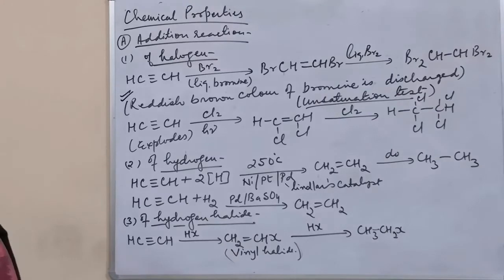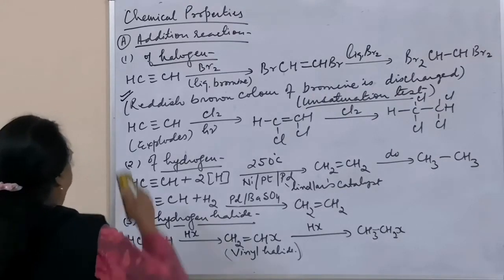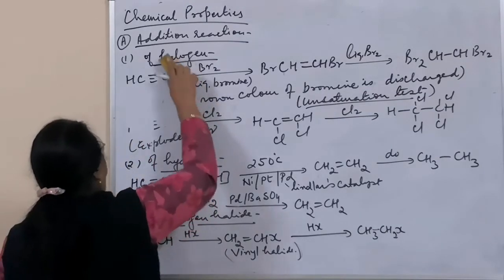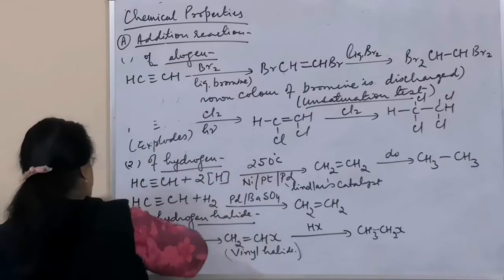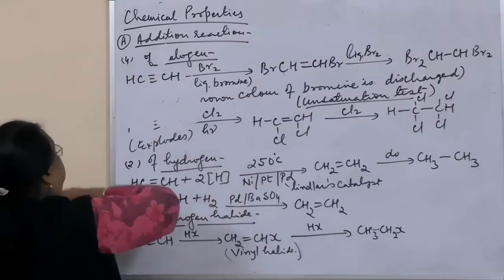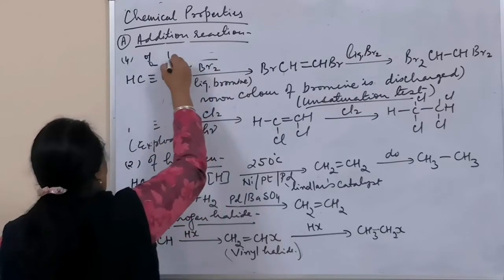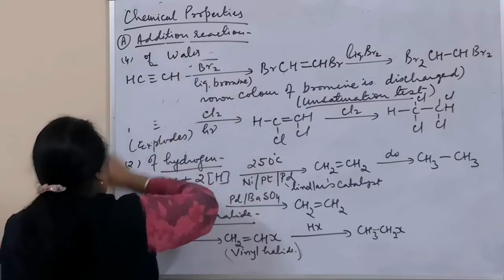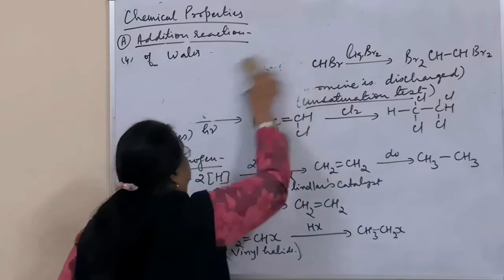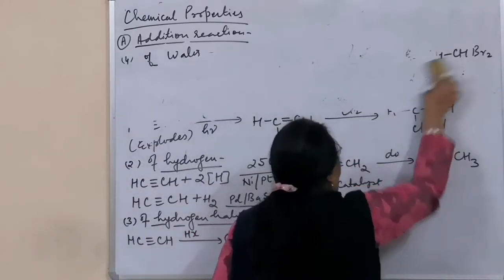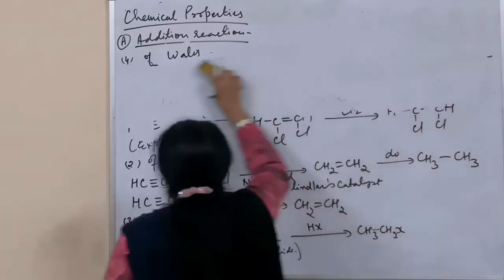Now reaction with water, that is addition of water, that is more important. So I give you now the fourth example of addition reaction, addition of water. This I will do for you, addition of water in acetylene.